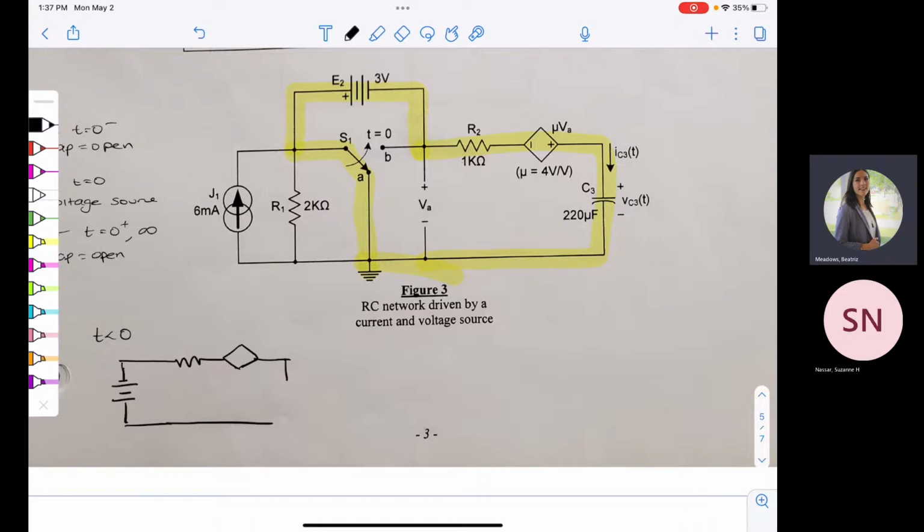So what did we say our capacitor was? So this is our VC3. I'm just going to start out by finding all the voltages and the currents for each scenario and then put them all together in the end. So it's plus minus mu VA.